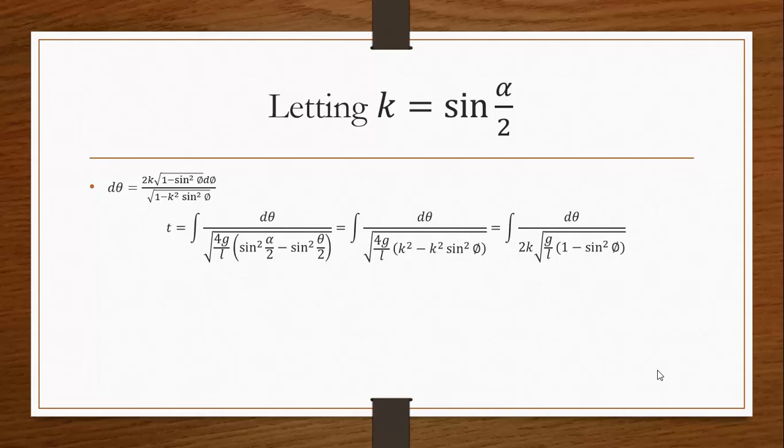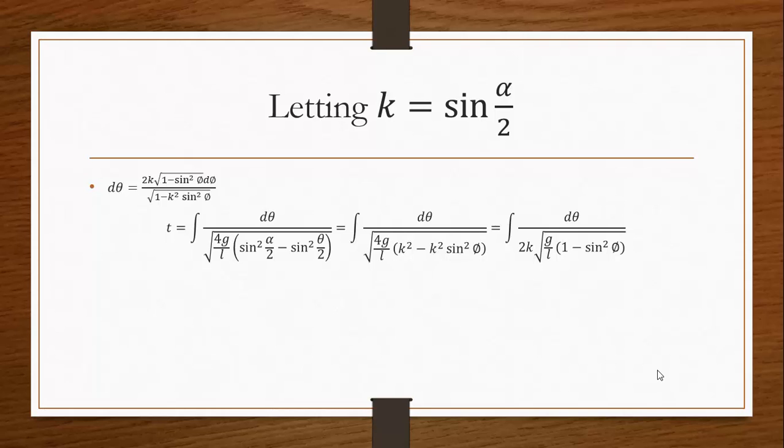Also, from the original equation of t, which is the integral of d theta over the square root of 4g over L times sine squared alpha over 2 minus sine squared theta over 2, transforming sine theta over 2 into sine alpha over 2 sine phi, and sine alpha over 2 into k, we get the integral of d theta over the square root of 4g over L times k squared minus k squared sine squared phi.